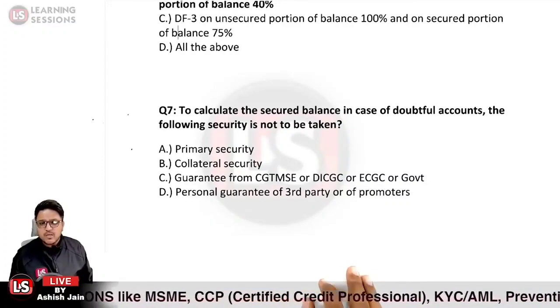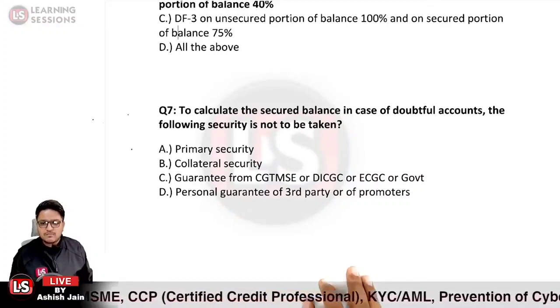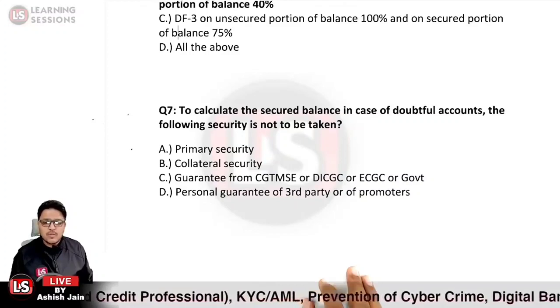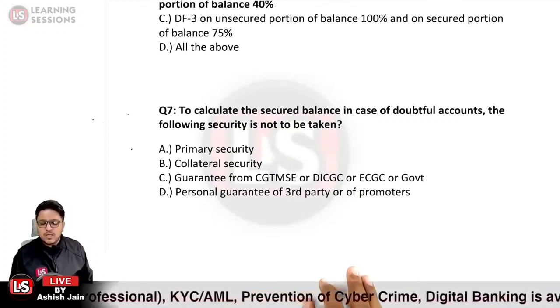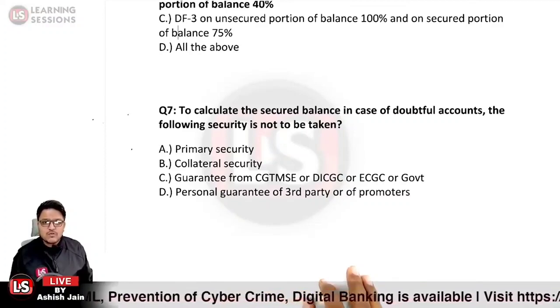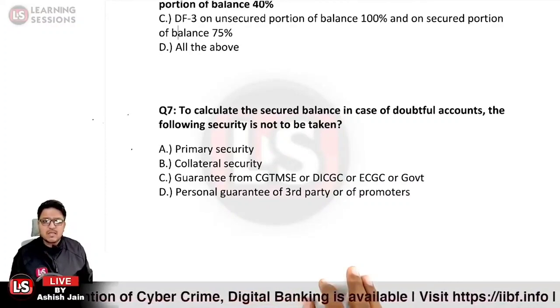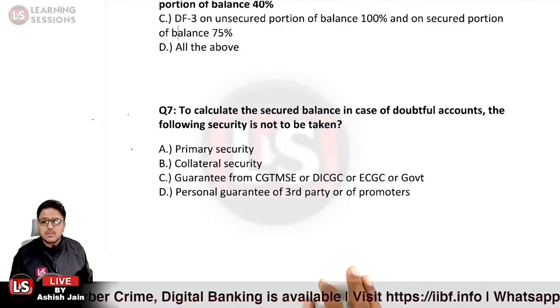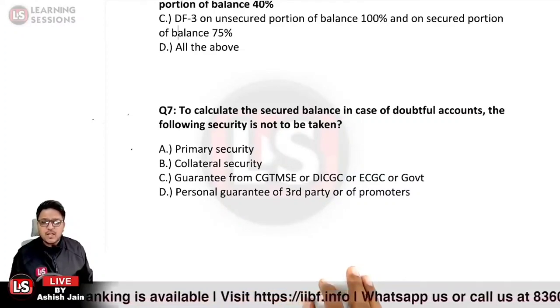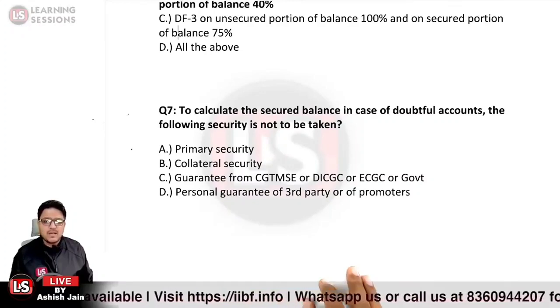Question number 7. Which one of the following is the right answer? Whenever we calculate the secured balances, the primary security is to be taken, the collateral security is taken, and also if a guarantee is available from CGT, MSC, DICGC, ECGC or by government, this is also to be taken. Option D, related to personal guarantee, is not taken.